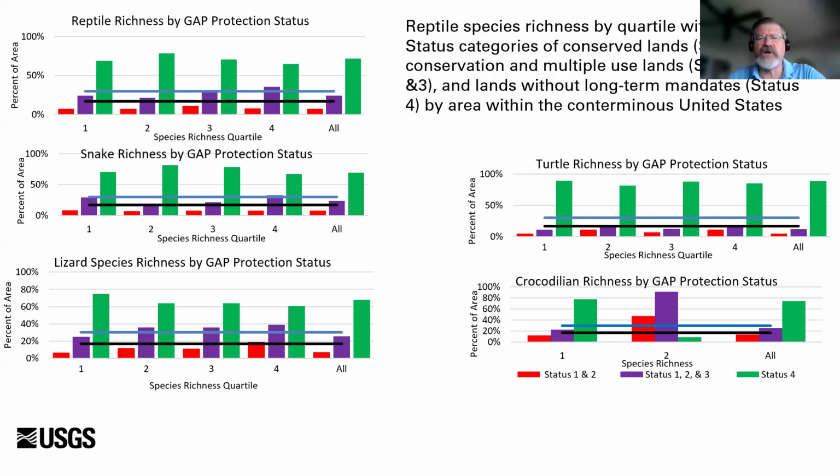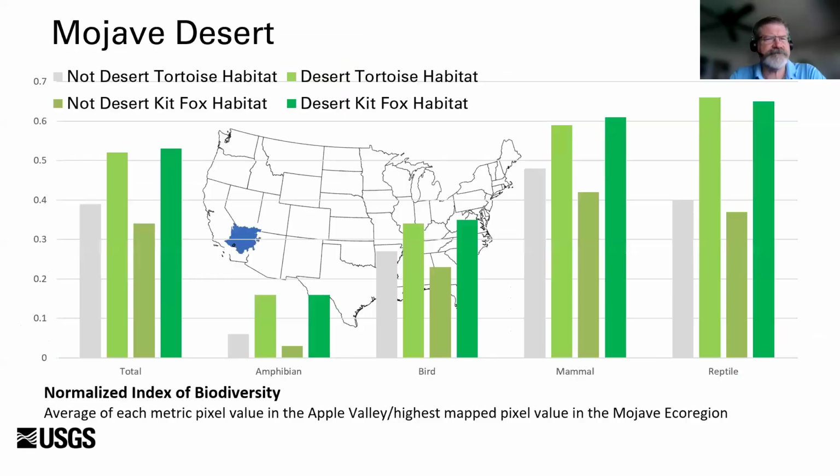If we look at the multiple use lands, though, that purple, you can see we can meet a lot of those demands. And then again, that green is that private land, that unknown. That's the opportunity that we can start identifying landowners that we can work with to do conservation.